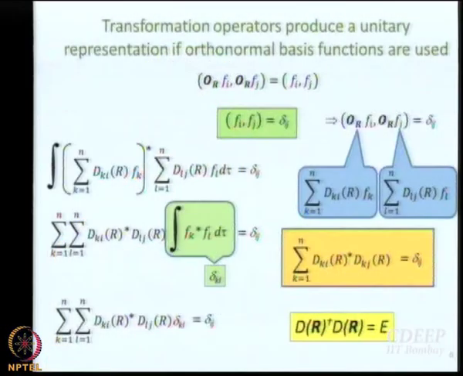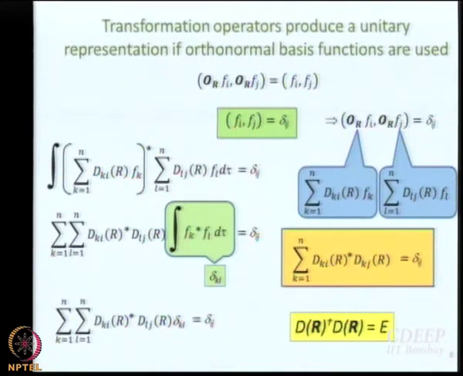So, what is that going to be? That is going to be 1 when i equal to j, and it is going to be 0 when i is not equal to j. If you go on expanding this, will you not get the unit matrix? This is what you get, right.